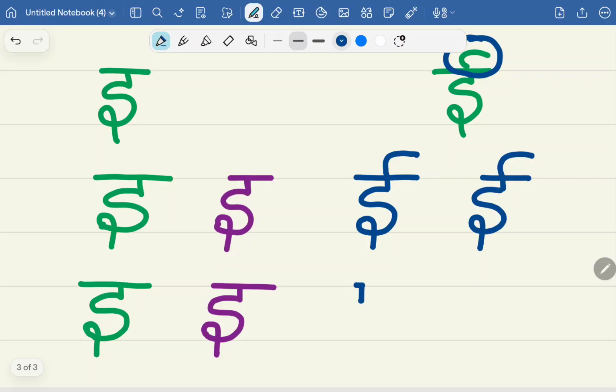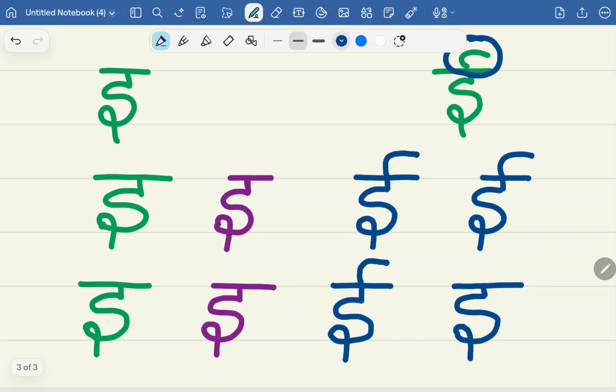Small standing line, S, then a curve with a tail, a sleeping line, then a curve at the top. It becomes E. We have written E and E.